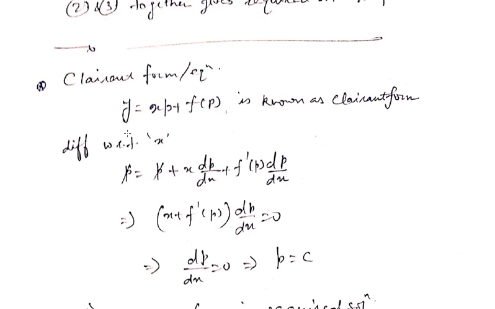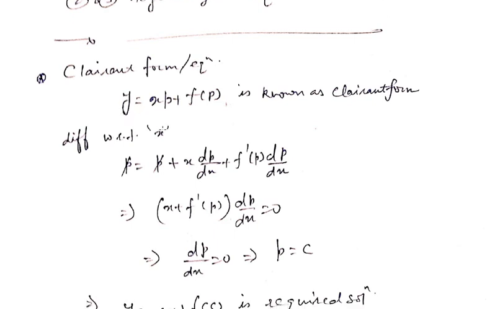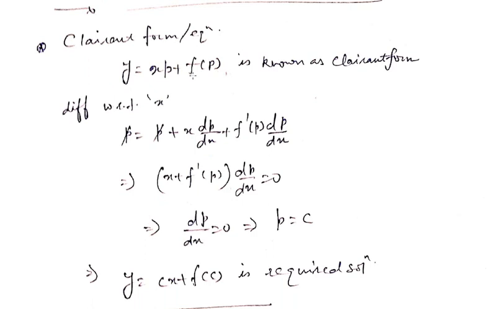As we solve Lagrange equation, similarly we have to solve Clairaut form. When we differentiate this with respect to x, we obtain p is equal to p plus x dp upon dx plus f prime p dp upon dx. Here p cancels out. So the remaining term is (x plus f prime p) dp upon dx.